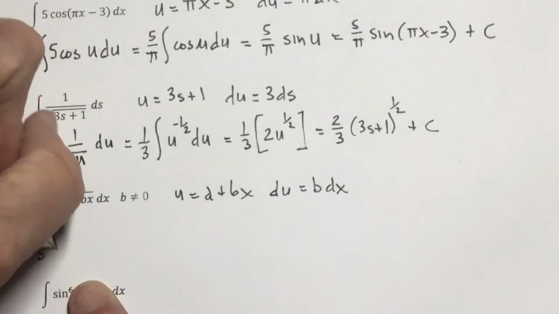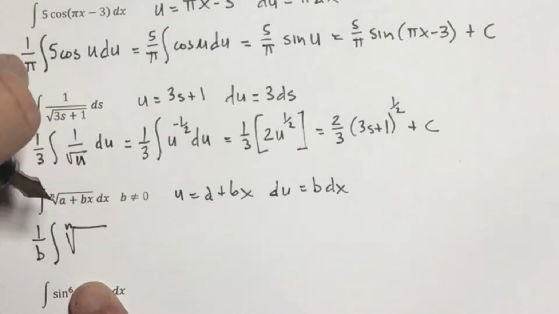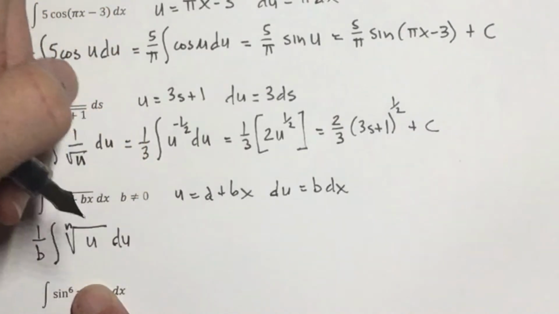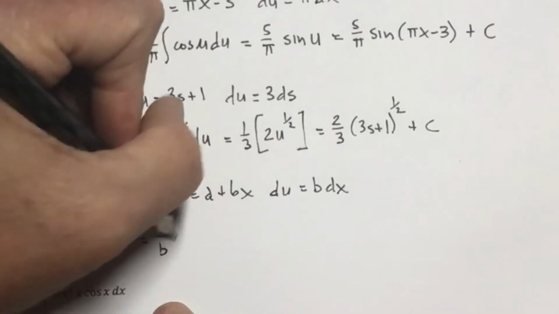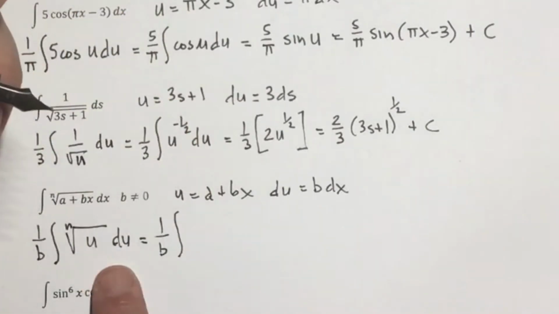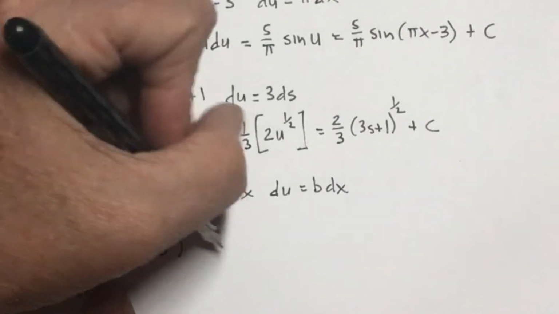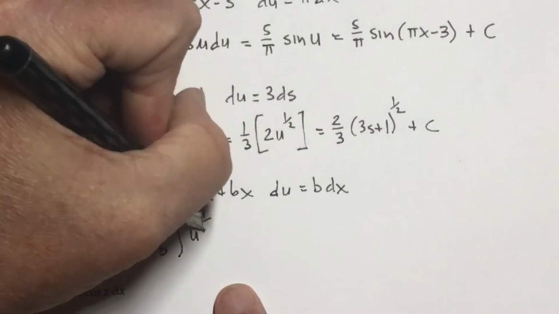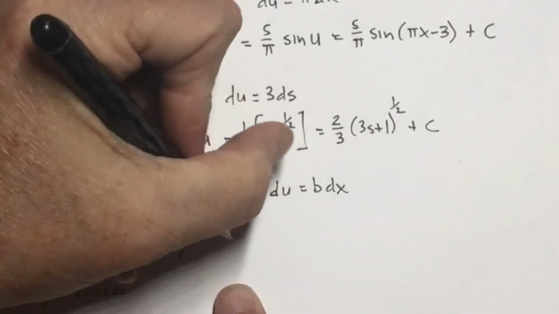So now this is going to become the nth root of u du. And again, to make that perhaps a little more straightforward, I'll write this as a fractional exponent. The nth root of u is equal to u to the 1 over n du.